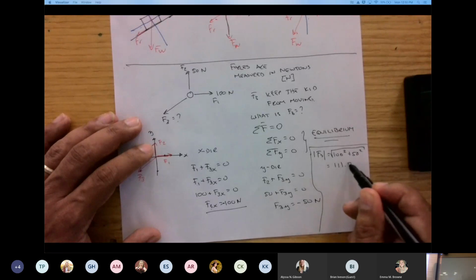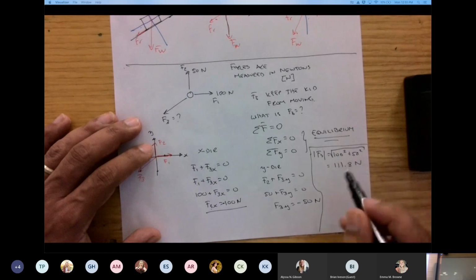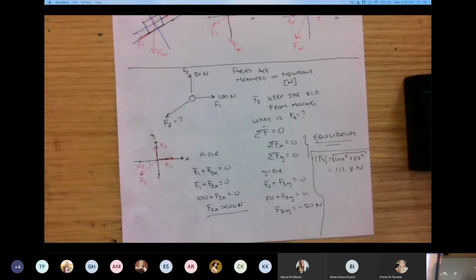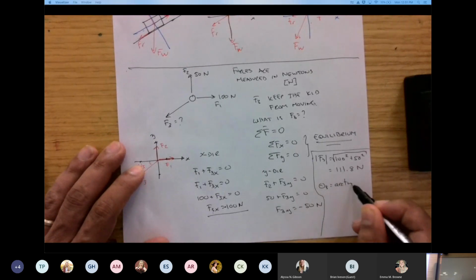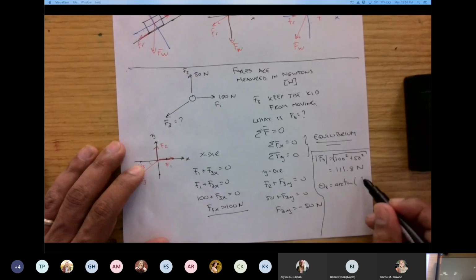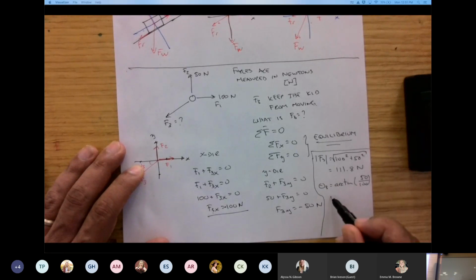I only know because I did it in the morning, not because I did it in my head. And theta 3 will be the arctangent of y over x, so it will be 50 over 100. So it will be the arctangent of 1/2, and this is around 26.6 degrees.